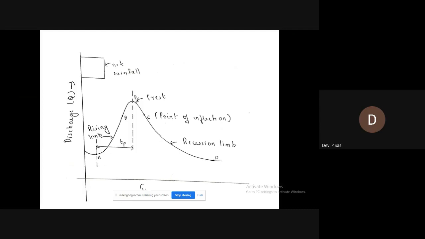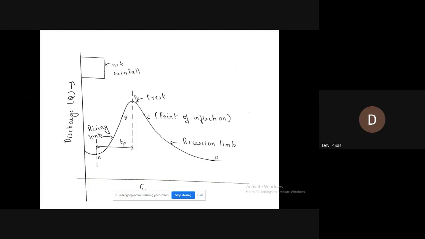An isolated storm produces a single peaked hydrograph, while a series of consecutive storms, a series of consecutive rainfall, also called a complex storm, produces a multi-peaked hydrograph.